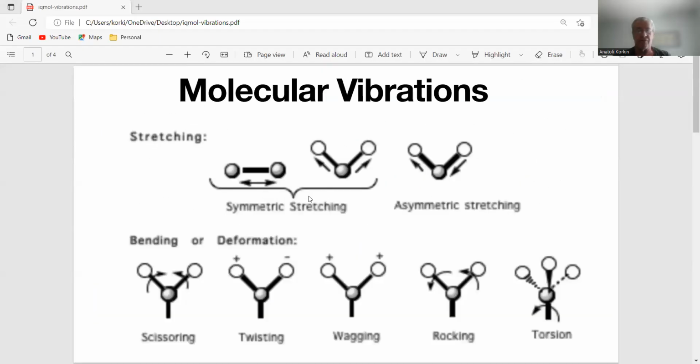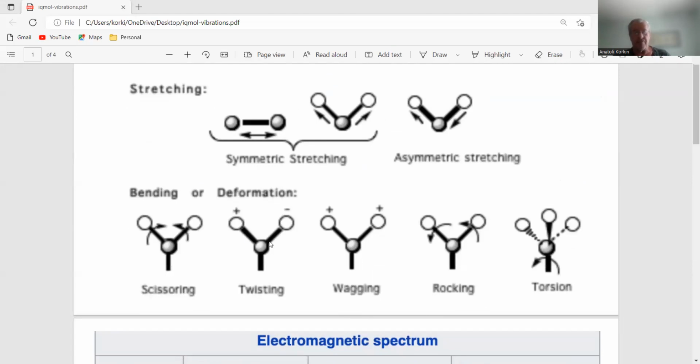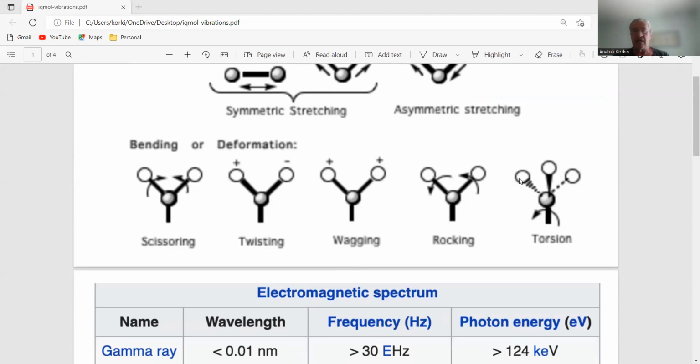First of all, the vibration, depending on the type, could be stretching the bonds, bending, changing the angles, which is called bending or deformation vibration, and also torsion, when 2 groups rotate around one bond.